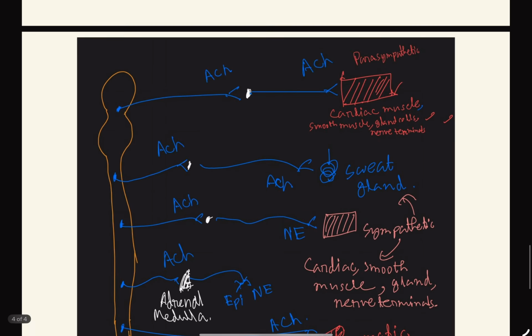Now I'm going to talk about cholinergic transmission. In cholinergic nerve transmission, we will see there is a presynaptic nerve terminal.